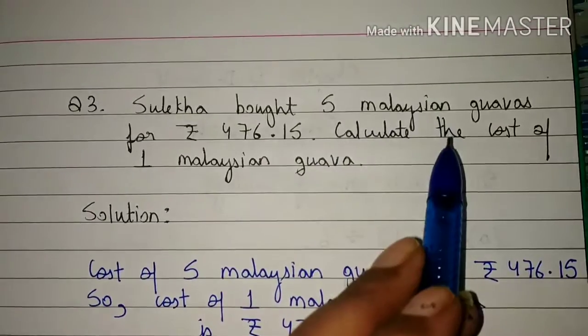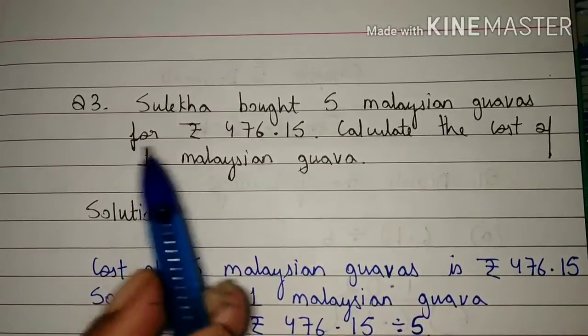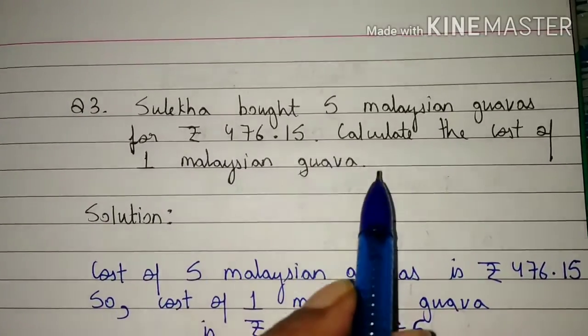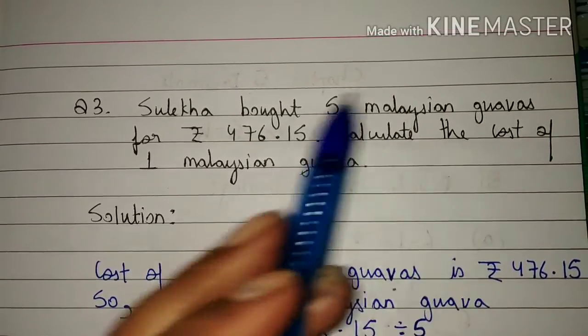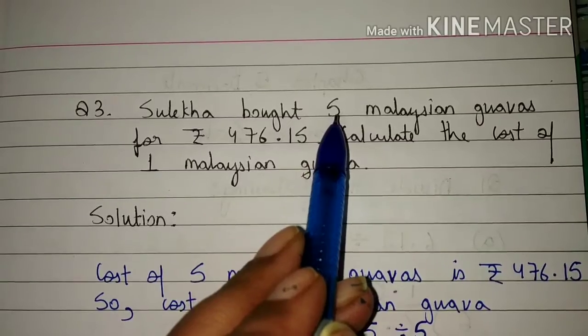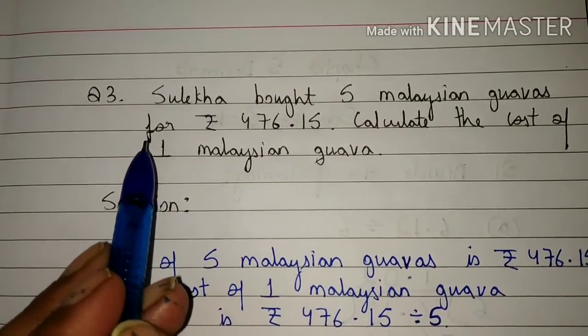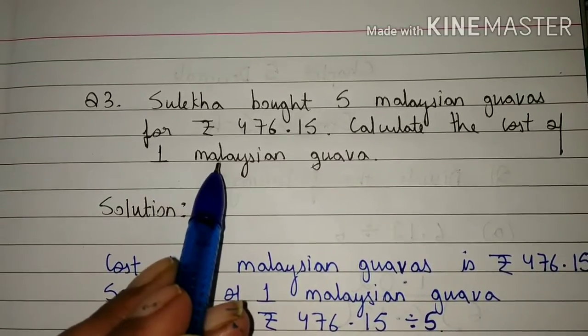Students, in this question, we have to find out the cost of 1 Malaysian guava. So, students, in this question, we will do division. Because when larger quantities is given to you and we have to find out in smaller quantities, we always do division.